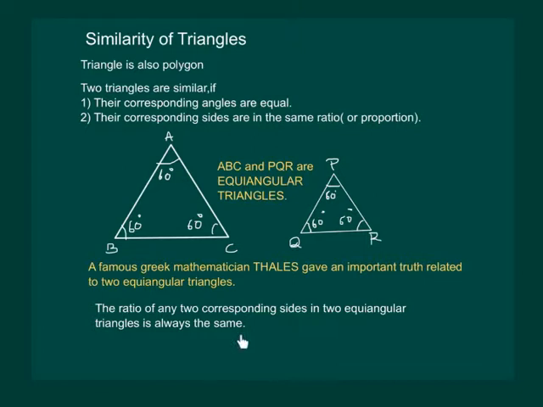This result brings us to the conclusion that triangles ABC and PQR satisfy both the conditions for them to be similar, that is, their corresponding angles are equal and their corresponding sides are in the same ratio, so the two triangles will be similar.